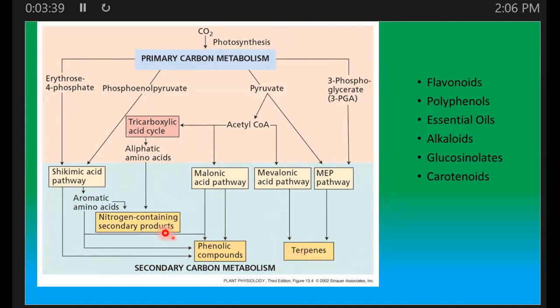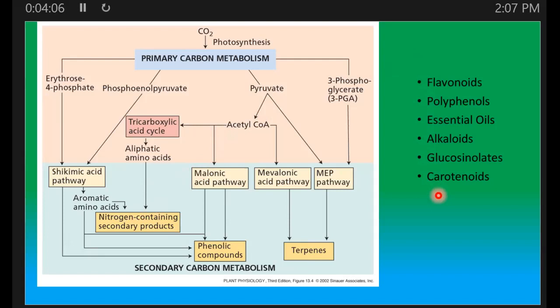So those are what we know of in the sense of, all the secondary metabolites that a plant makes, they fit into one of those three classes or categories. And there are a lot of secondary metabolites. And so I'm just scratching the surface here on the right with these different bulleted points, the flavonoids, polyphenols, essential oils, alkaloids, glucosinolates, carotenoids.